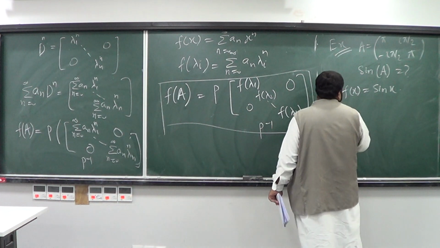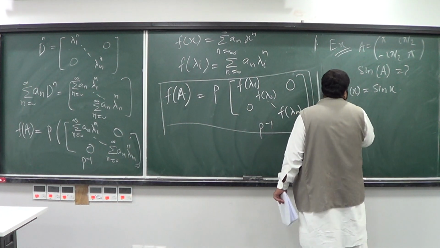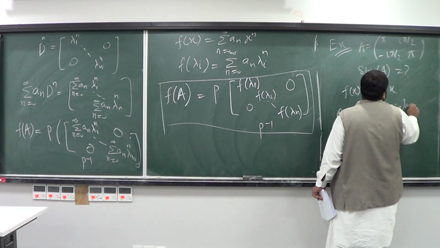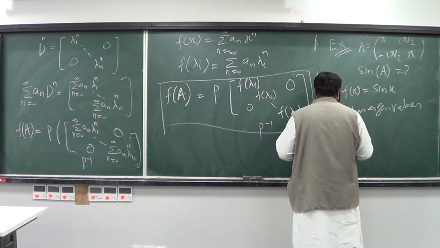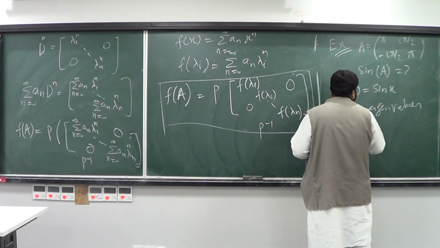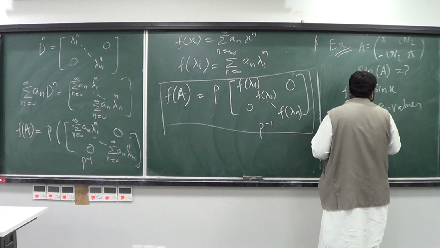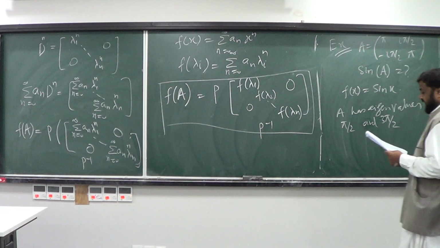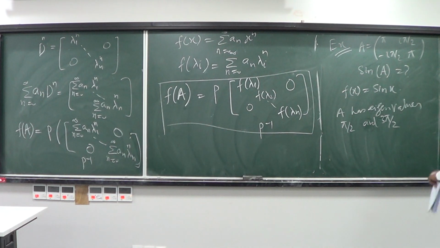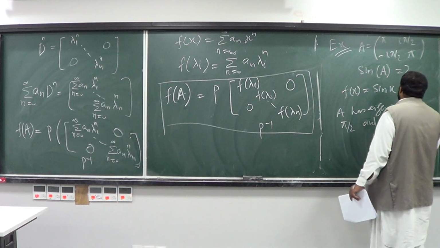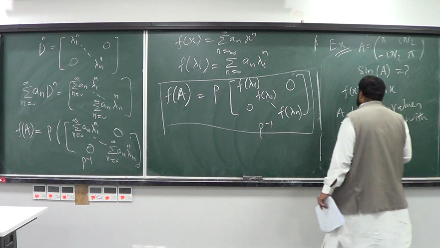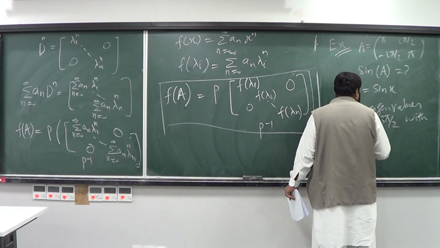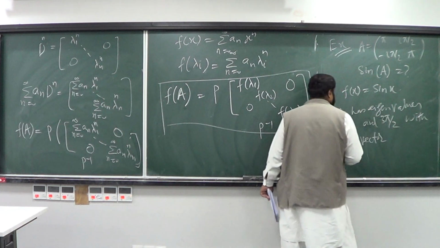It is not difficult to see that A has eigenvalues equal to pi by 2 and 3 pi by 2. So pi by 2 is one eigenvalue and 3 pi by 2 is another eigenvalue, with associated eigenvectors.